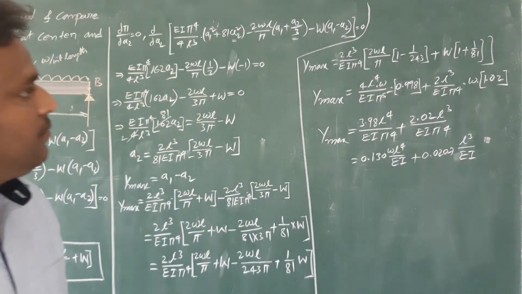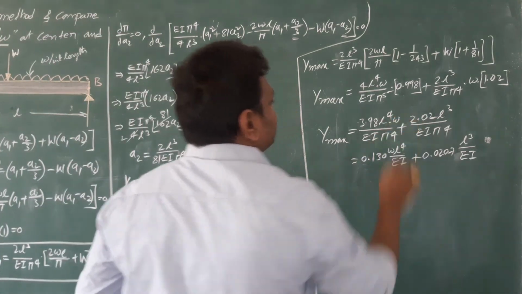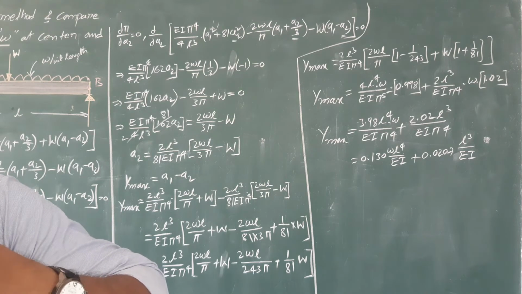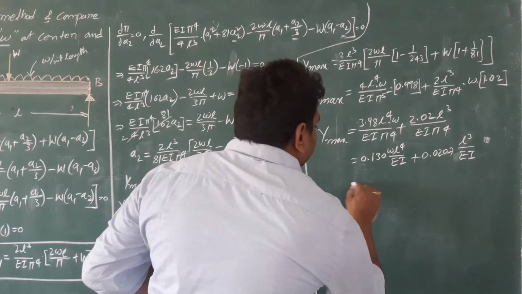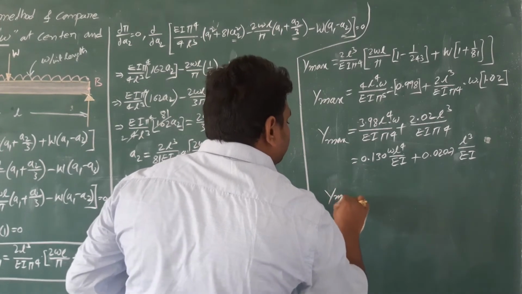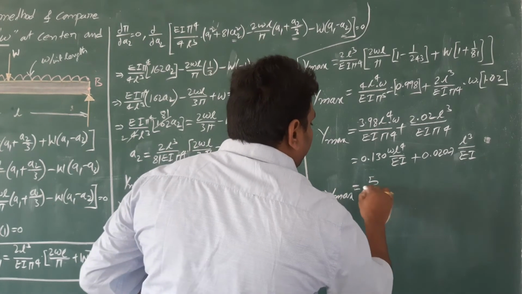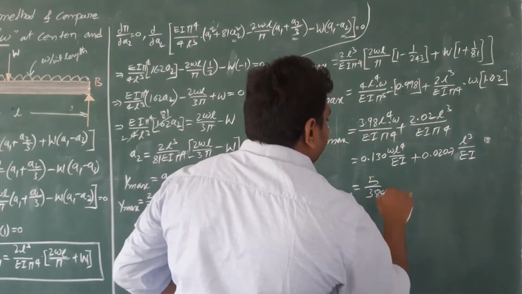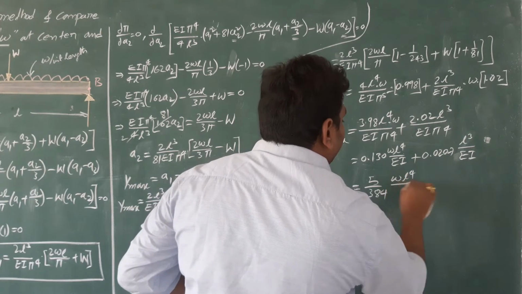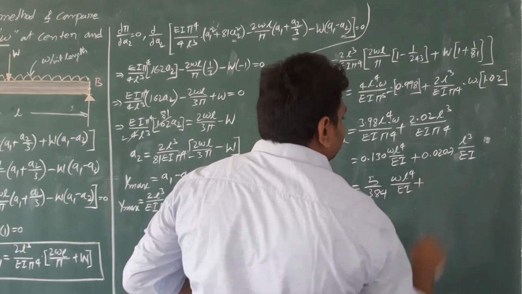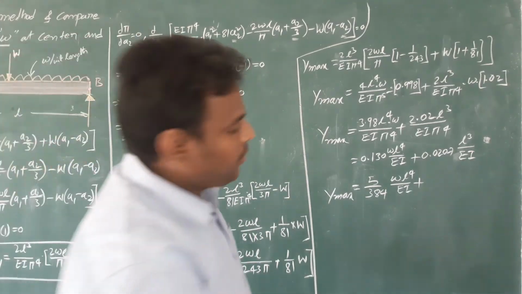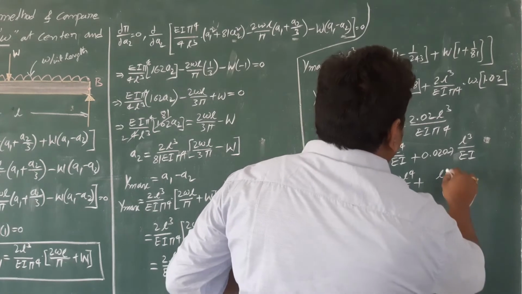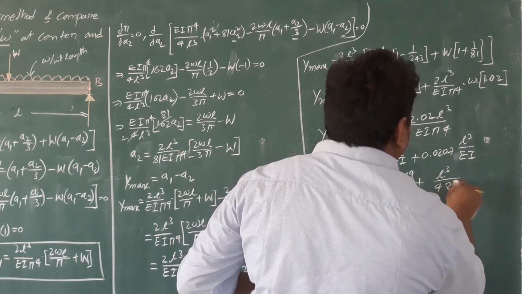Okay, 5 by 384 WL power 4 by EI. So Y max, the exact solution for Y max for this element, is 5 by 384 WL power 4 by EI plus 1 by 48, L cube by 48 EI.